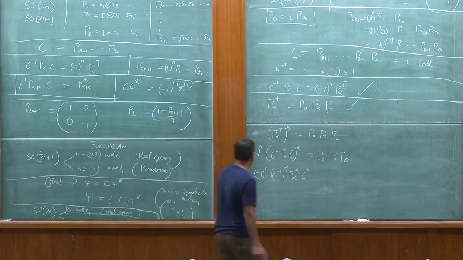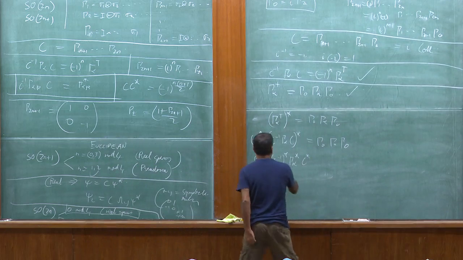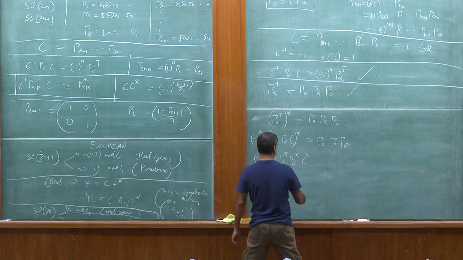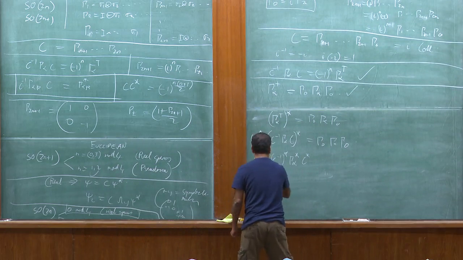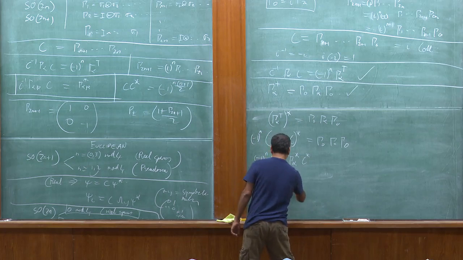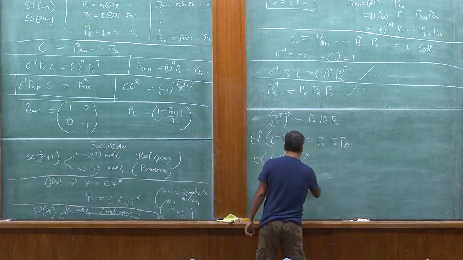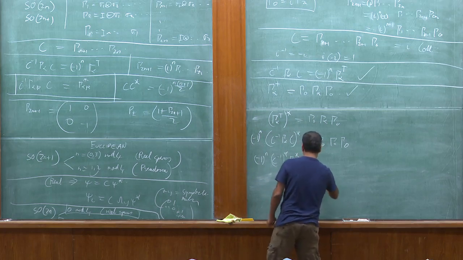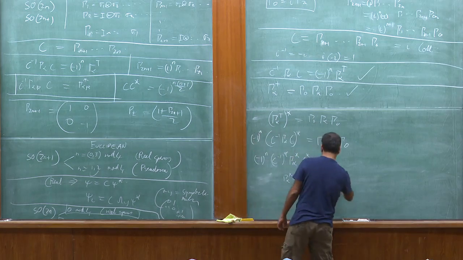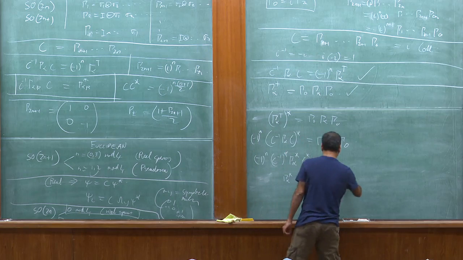So we multiply out by, let's say, minus 1 to the power n gamma alpha star is equal to, or let's put the minus 1 to the power n on this side, is equal to C star gamma alpha C.